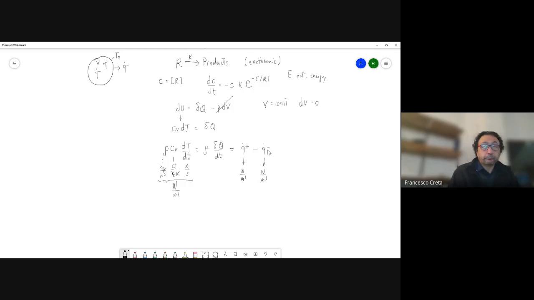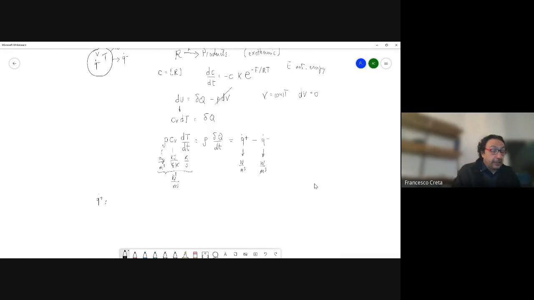Well, for Q plus, we can define a quantity Q_R, which we measure in kilojoules per mole, which measures essentially the heat of reaction, very simply.